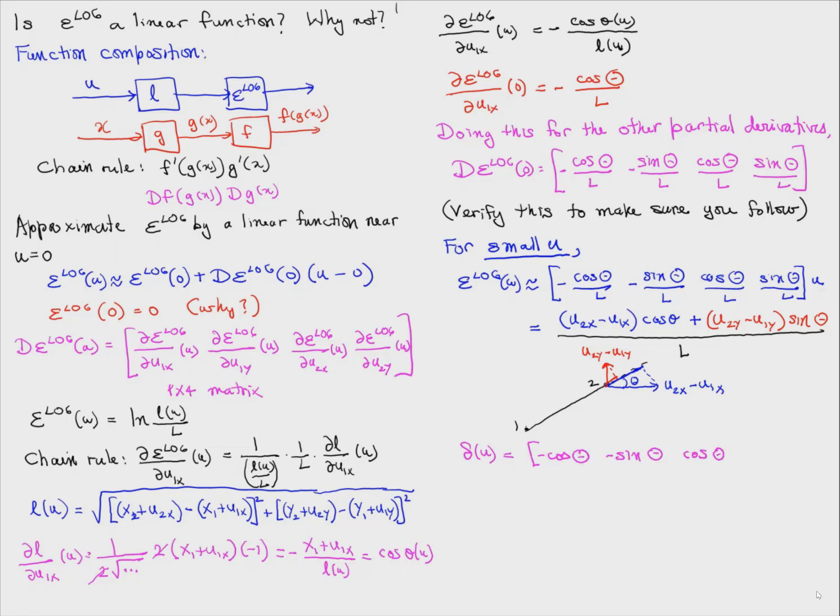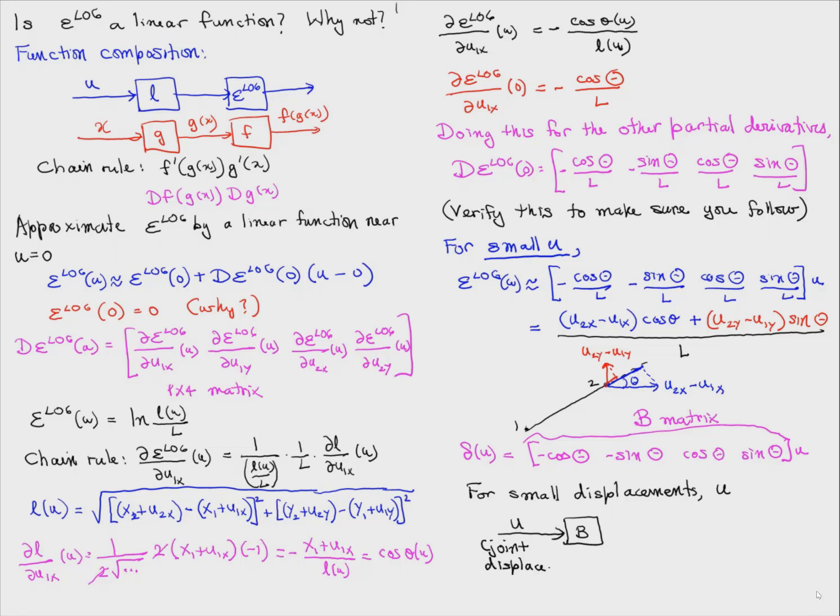So the sum in the numerator is approximately the change in length of the member for small displacements, which we'll call delta of u. So for small displacements, the change in length of the member is approximately this matrix B times the displacement.